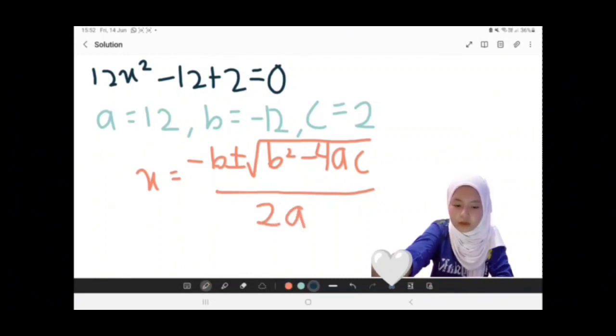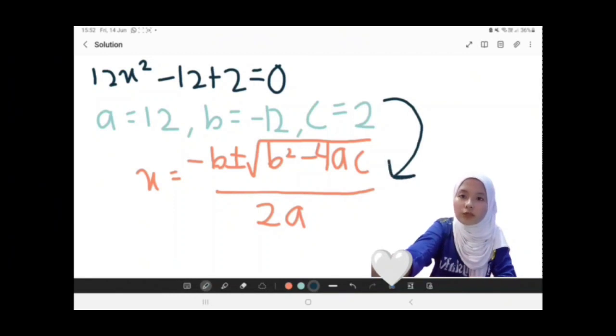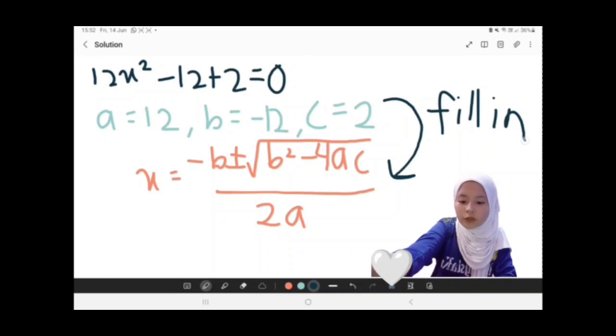So what we need to do is just fill in A, B, C into this formula.